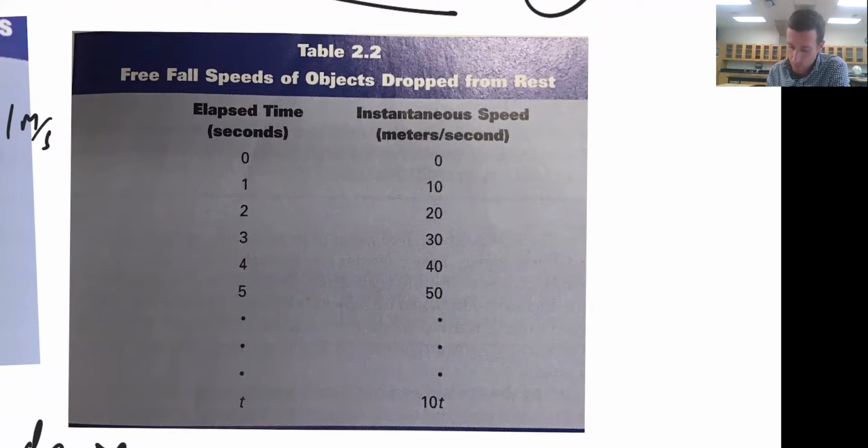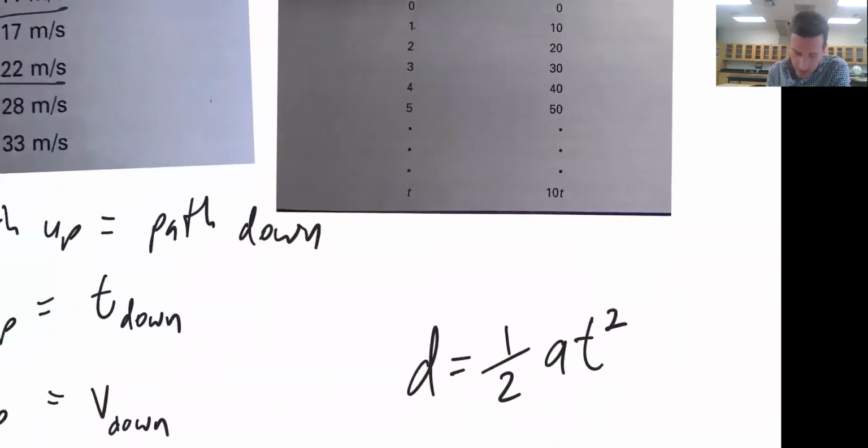After 1 second, I'm going 10 meters per second. After 2 seconds, 20 meters per second. After 3 seconds, 30 meters per second, et cetera. So I take the time, multiply it by 10, and I'm going that fast at that point. All right, so that's great.